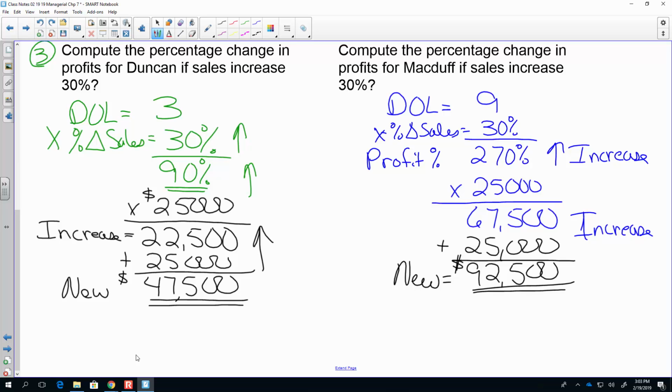Wow. Do you see the power of equipment? Here it is. That's the power. Now remember, this is the drawback with lots of equipment. Remember, this is going up. What if the sales went down 30%?